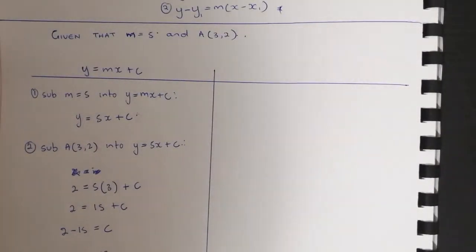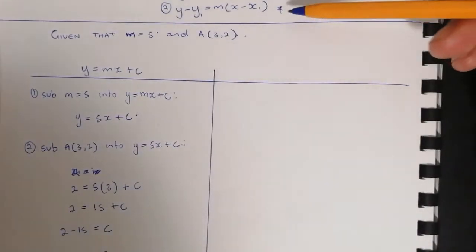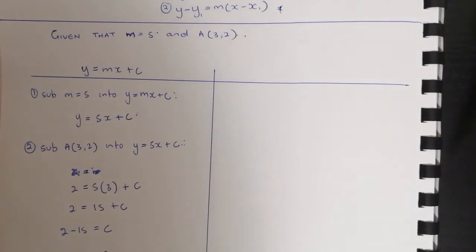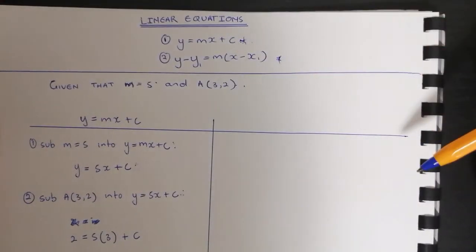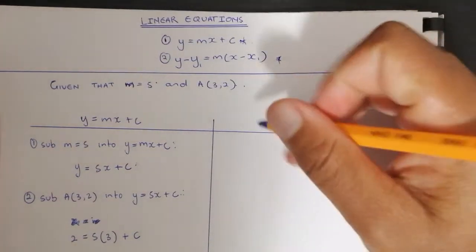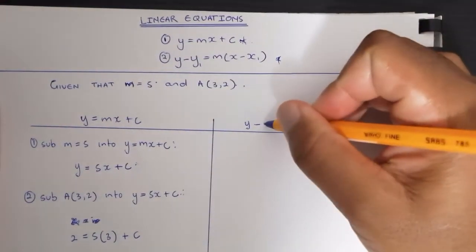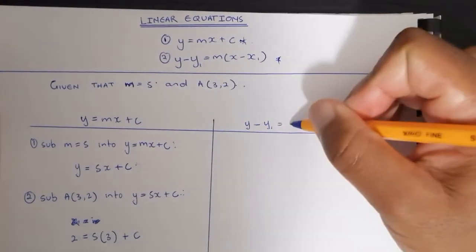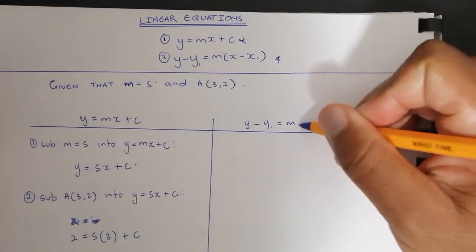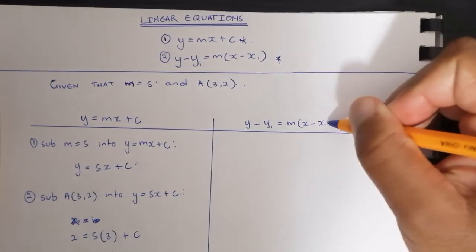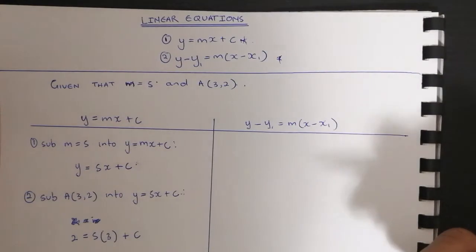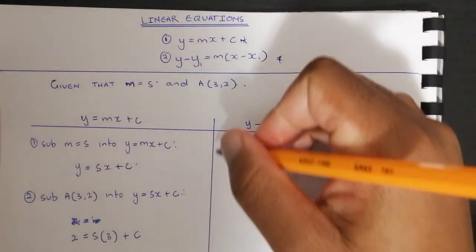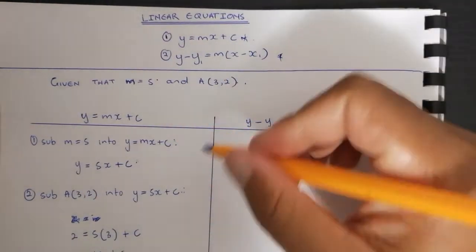Now we're going to calculate the equation of a straight line using the second formula, y minus y1 equals m times x minus x1. Firstly, we're going to substitute the value of m.